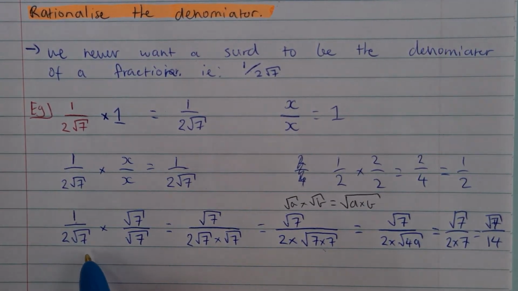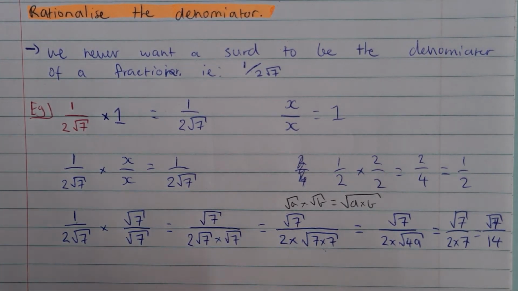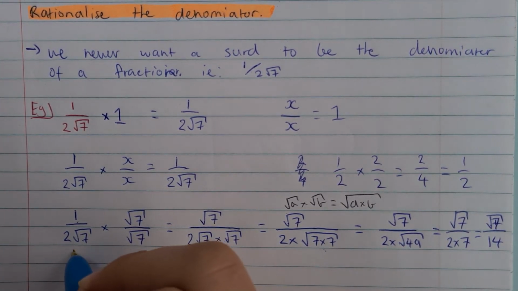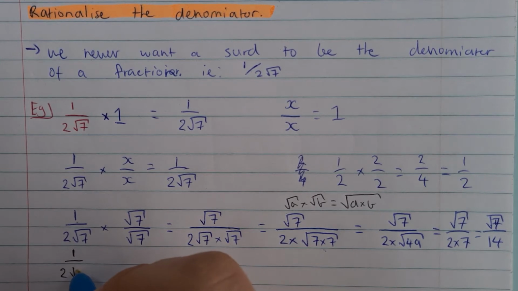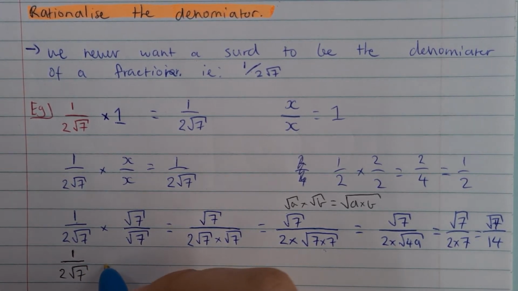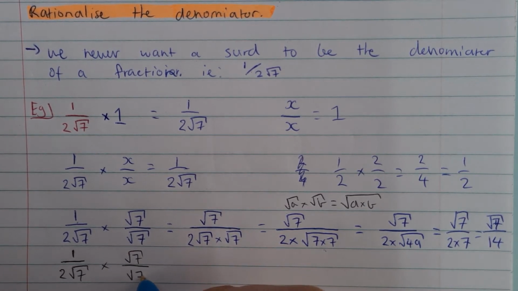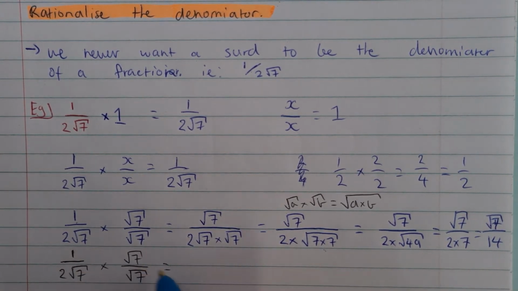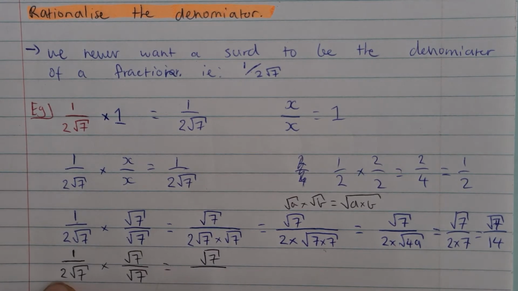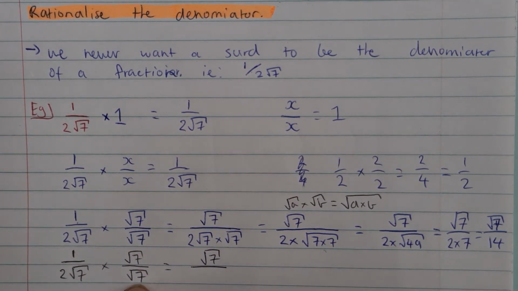So that did involve a few steps. Some of you might recognize, let's rewrite it again. So 1 over 2 root 7, because we've got our surd as root 7, that's why I'm choosing root 7 over root 7. You might recognize straight away that 1 times root 7 is root 7. And we've got 2 root 7 times root 7. When you have root 7 times root 7, the product is just going to be 7, okay?